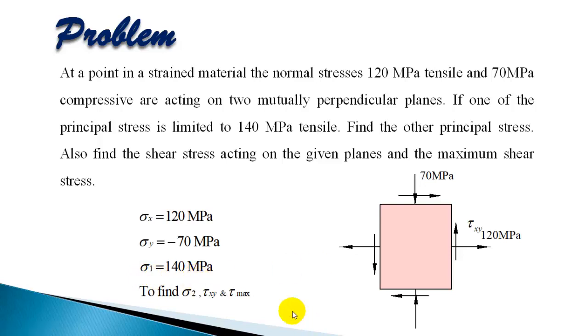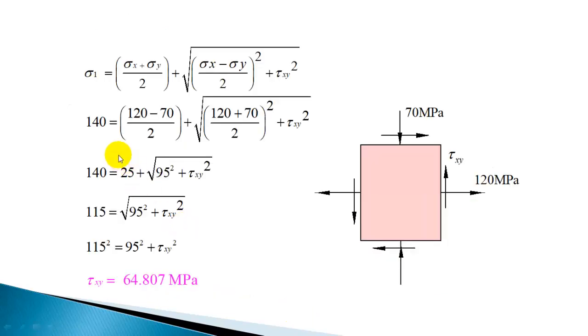Now principal stress sigma 1, you can write it as sigma x plus sigma y by 2 plus root of sigma x minus sigma y by 2 square plus tau xy square. So sigma 1 you know, 140 megapascal, so it's equal to plus 120, sigma x is 120, sigma y is minus 70, by 2 plus root of 120 minus 70 by 2 square plus tau xy square.